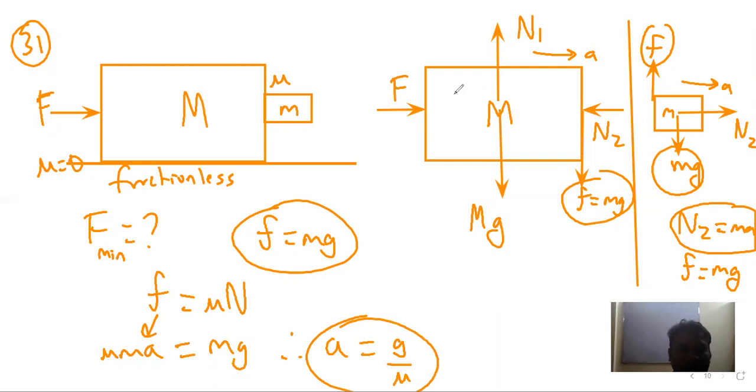Now, if I apply a force balance on capital M, we have capital F minus N2 equal to capital M into A, acceleration. The acceleration A is nothing but g by mu.